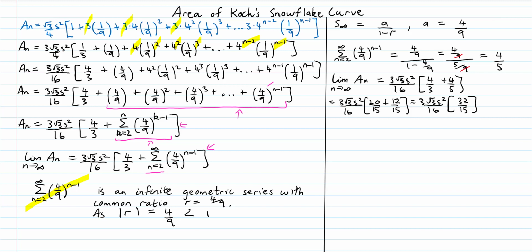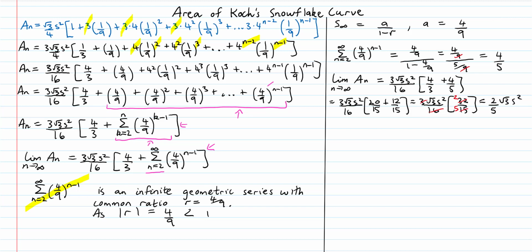Now this 32 and 16 cancel, so we're left with 2 in the numerator and 3 over 15, well that's equivalent to 1 over 5. So this is going to equal 2 over 5 times root 3 times s squared.